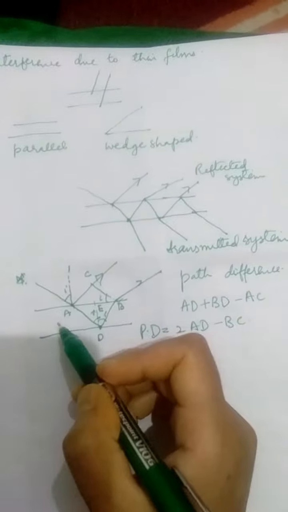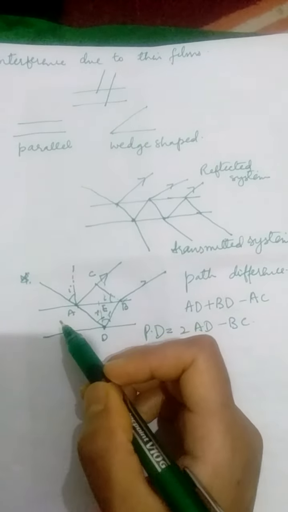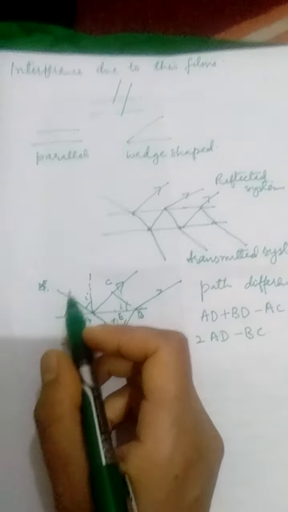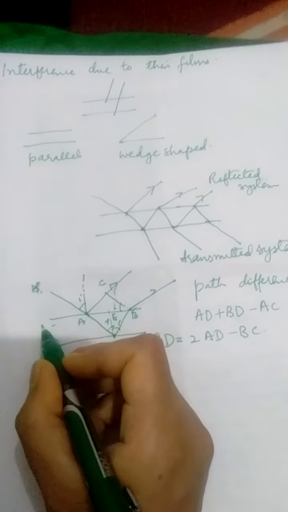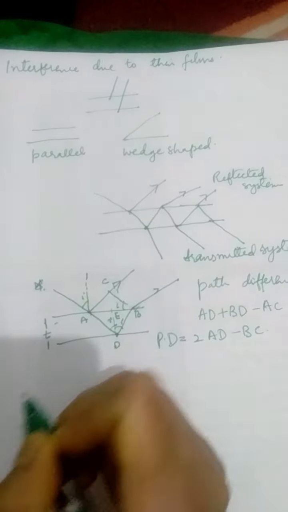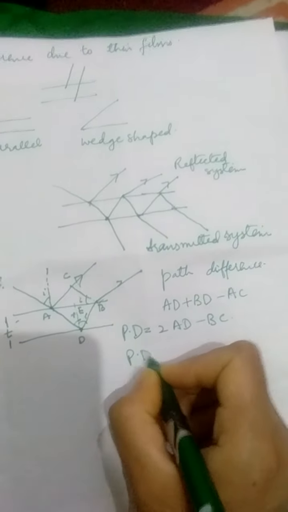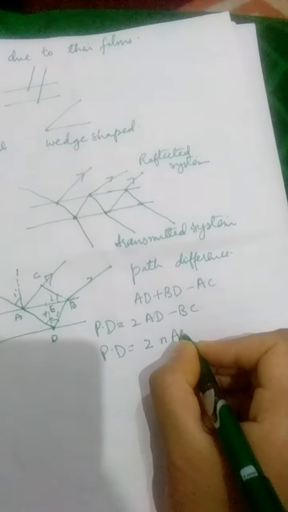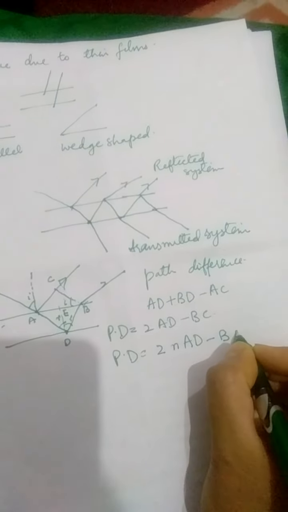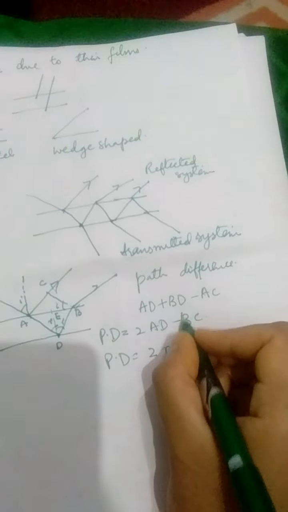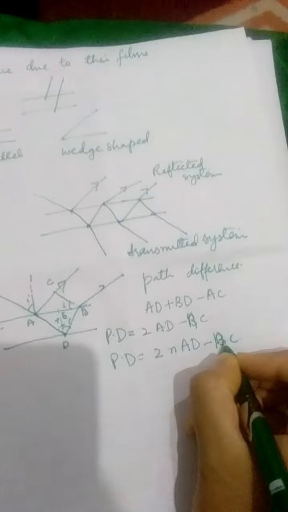But because we know that these two media belong to two different materials, say one is glass, another is air, it has a different refractive index. Suppose the thickness of the film is T, right? And its refractive index is n. So actually we can write for this path difference that it is twice n times AD minus AC.